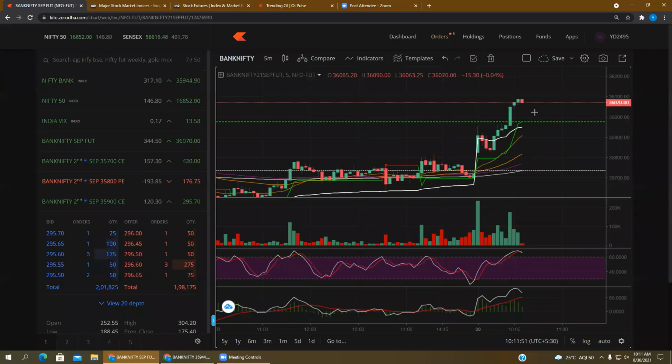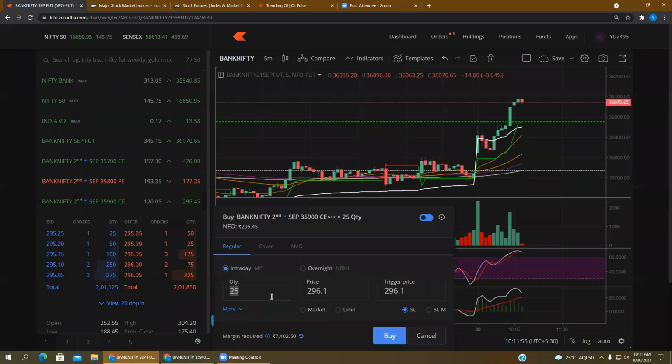Now, if this candle turns green, I'll again add more. Only if this candle turns green, then I'll try to add more.